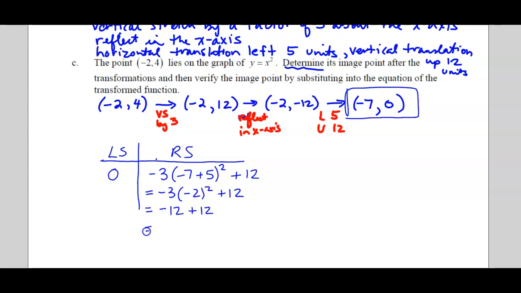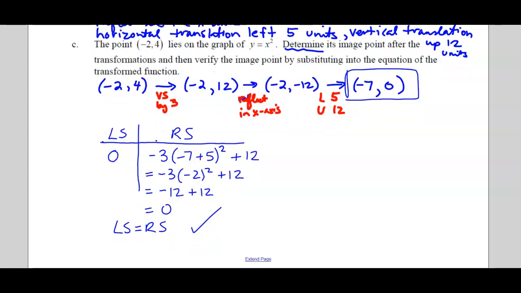And I get the left side equals the right side. Okay, so that means it does verify. So I found the right point.